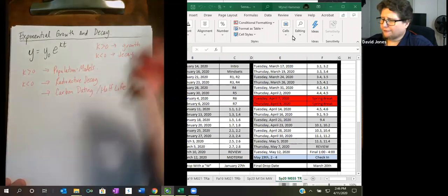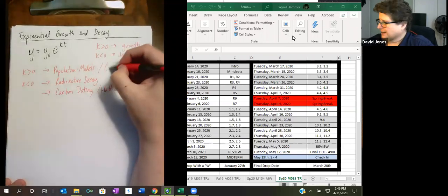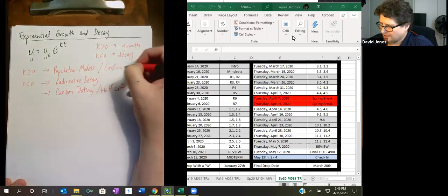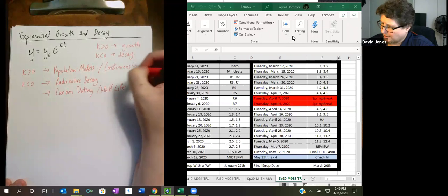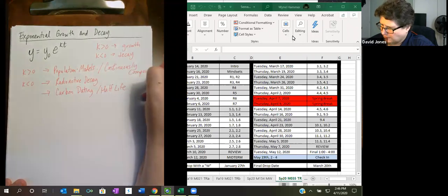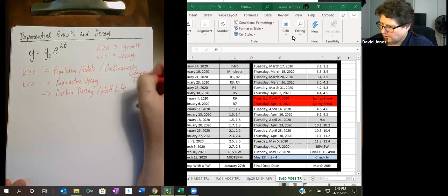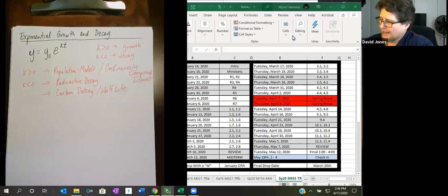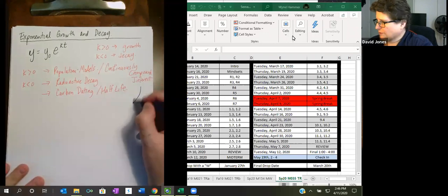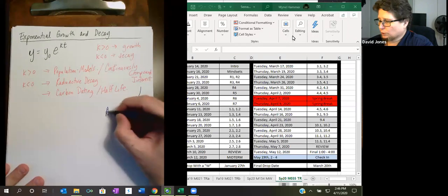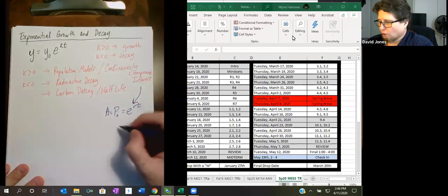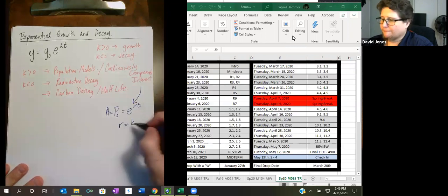And the other thing we have for population models, continuously compounded interest. We looked at that briefly before. In that final model, we said A equaled P0 e to the rt, so r equals k. Same formula.